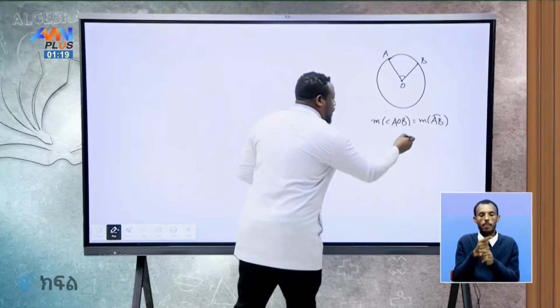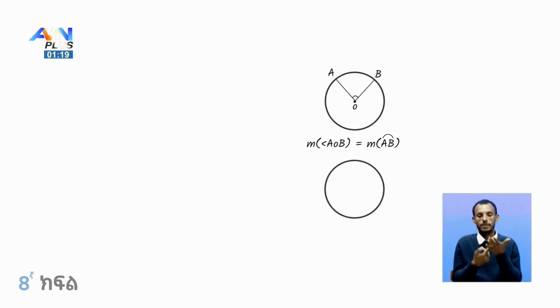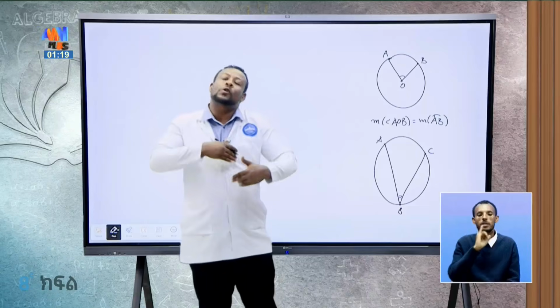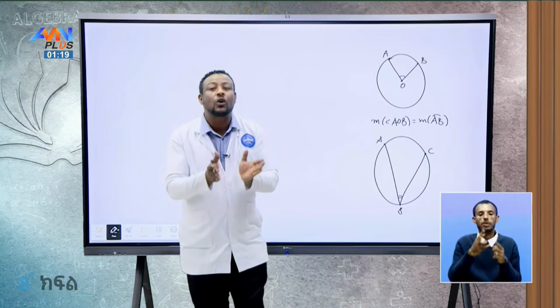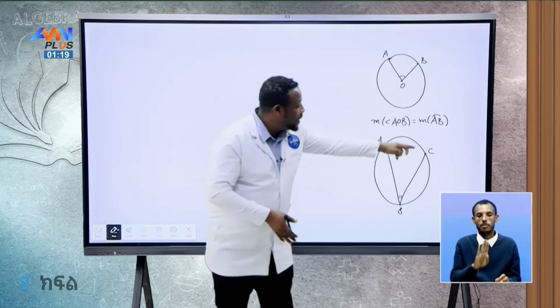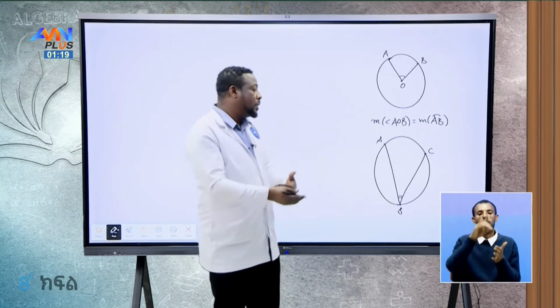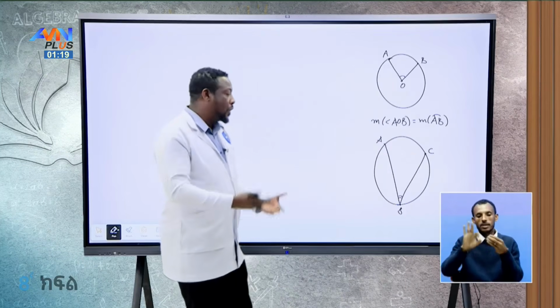Geometrically, if you have this circle, say this point is A, say this is B, and this is C. So angle B, or angle ABC, is an angle formed by two intersecting chords. AB is a chord, BC is a chord, and they intersect at some point B on the circle. So this angle is called an inscribed angle.